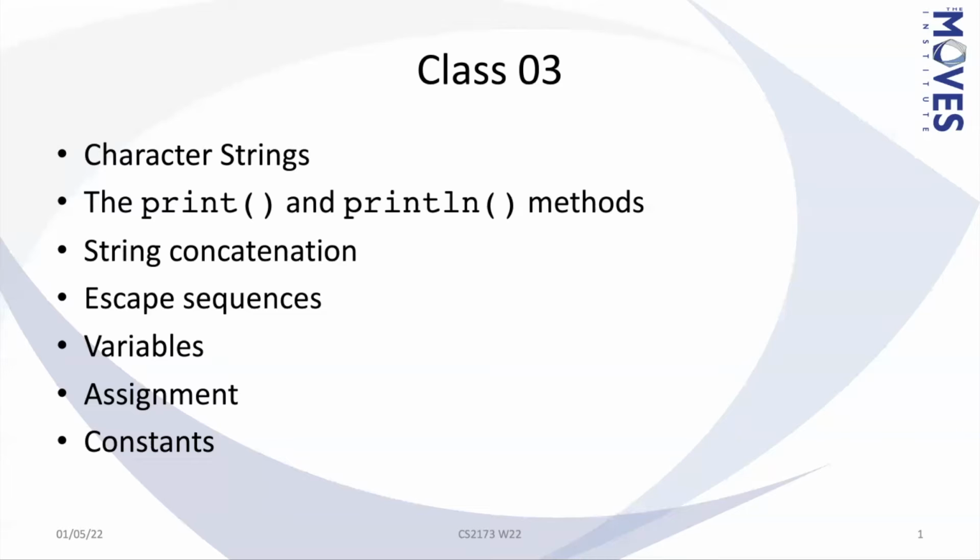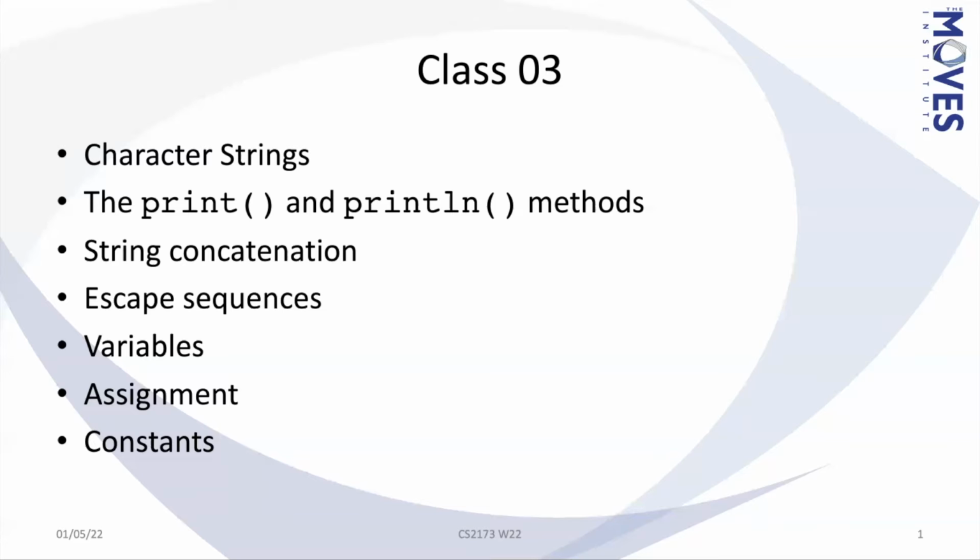Okay, now we'll look at string concatenation. This is something that you've probably encountered before, but Java has some little gotchas here, especially when you start concatenating strings and numbers. And then with strings, you've probably encountered this also, especially with JavaScript, where there are escape characters that have particular meanings.